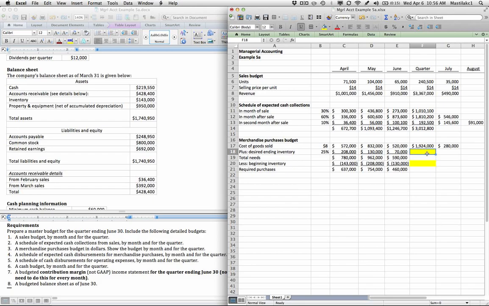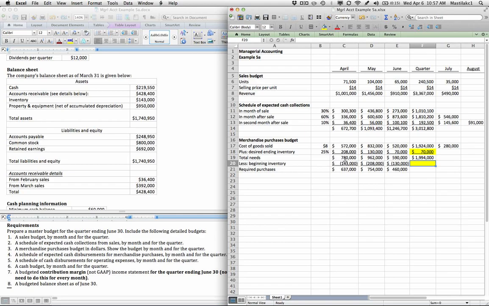We need to recognize that the end of the quarter is not April 30th plus May 31st plus June 30th, but rather the end of the quarter is simply June 30th. June 30th is both the end of the month and the end of the quarter. So if we're going to end the quarter with $70,000 of inventory, that's our desired ending inventory. And so the total amount that we need during the quarter is the $1,924,000 to replace what we're selling, plus $70,000 of ending inventory.